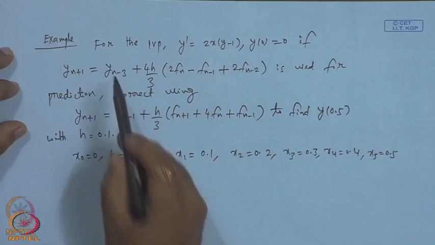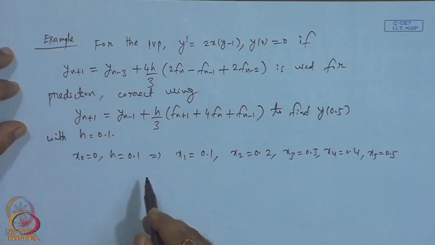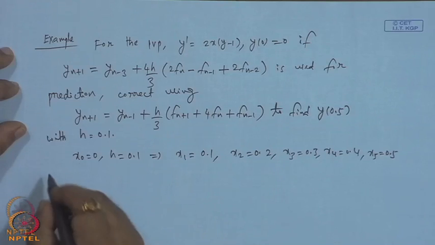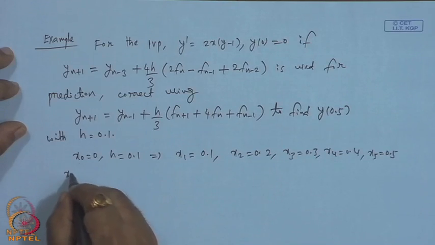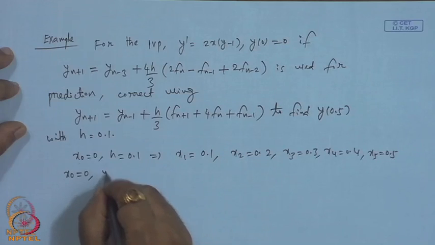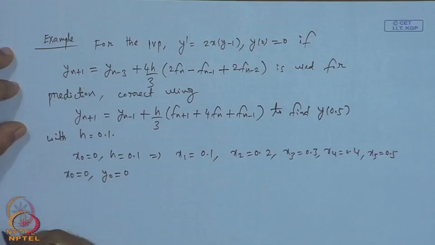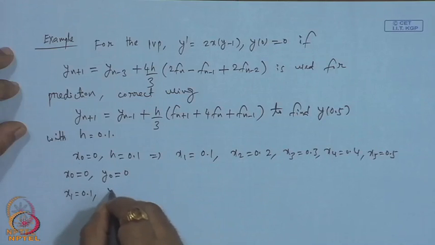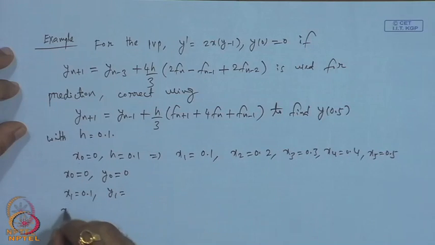We have y 0. What is missing? x 0 is 0, so y 0 is 0. We need x 1 is 0.1, y 1, x 2 is 0.2, y 2.